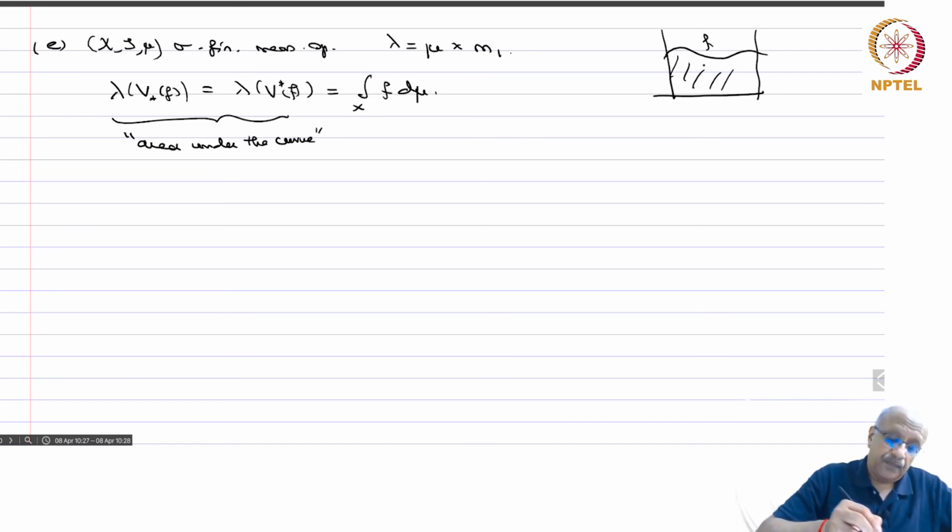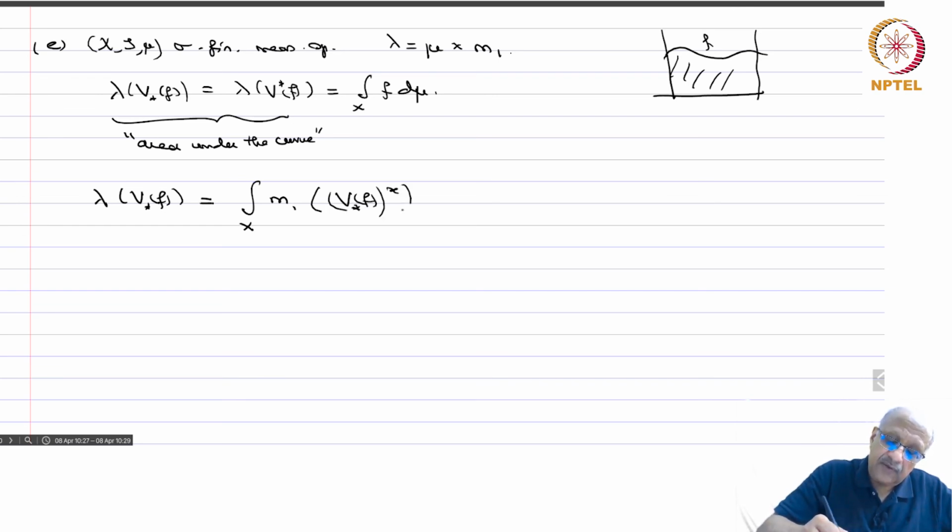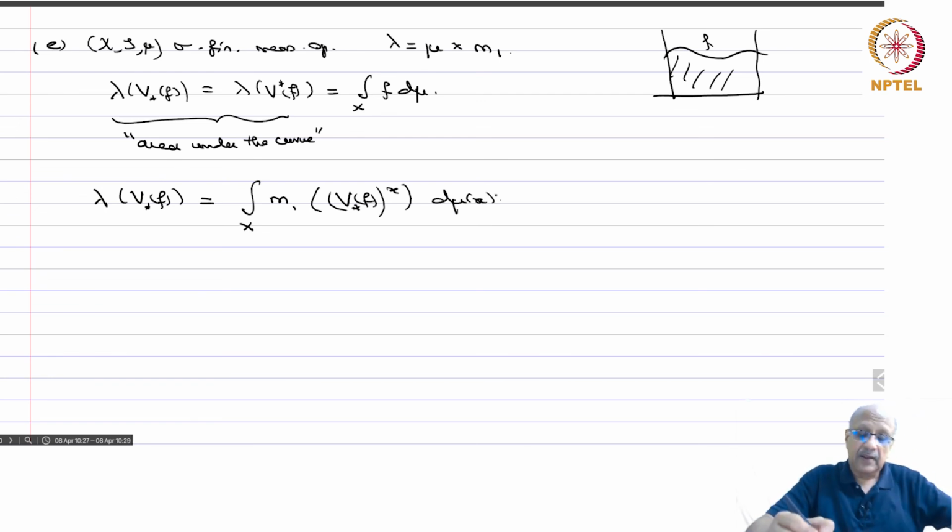Okay, so lambda of V sub star f, that's a measurable set in the product measure. So this is equal to, by Fubini's theorem, the integral over X of m1 of V sub star f section at x, d mu of x. What is V sub star f?